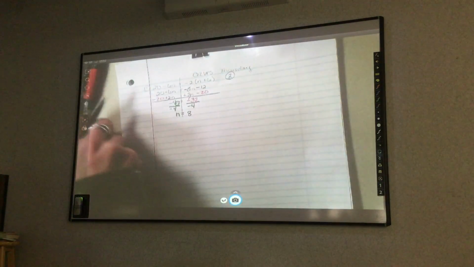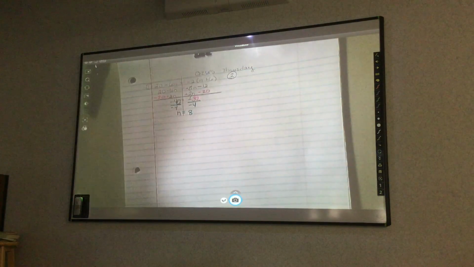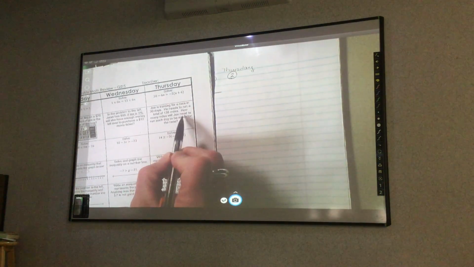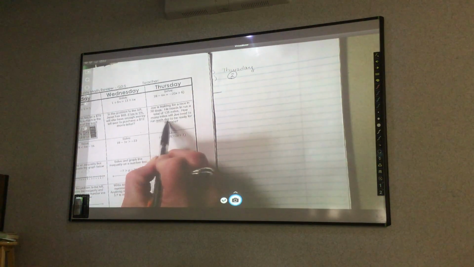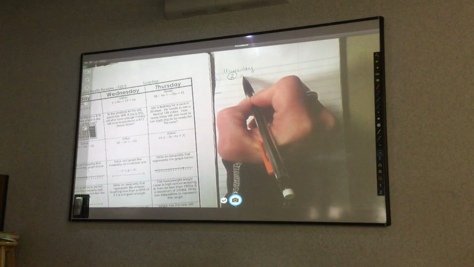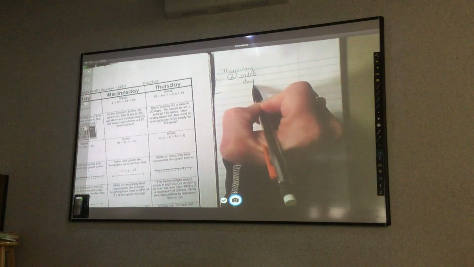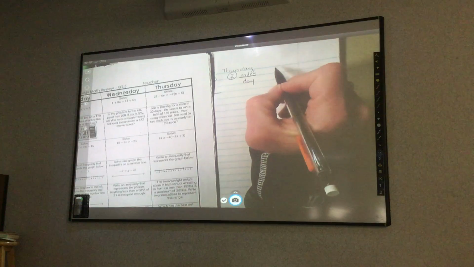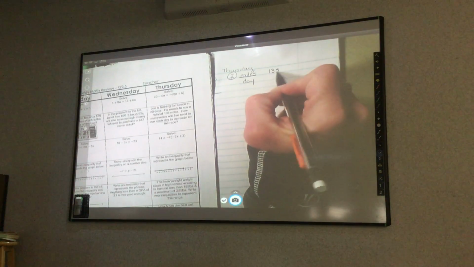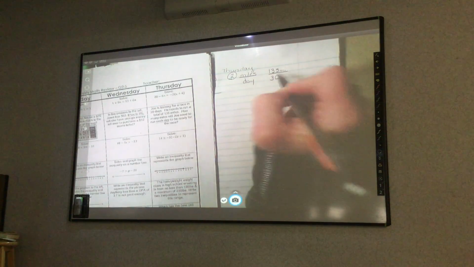Number 2. Joe is training for a race in 30 days. He needs to run a total of 135 miles. How many miles will Joe need to run each day to be ready for the race? So it would be miles. We can set it up as a rate per day, and he needs to run 135 miles in 30 days, so that's just division.